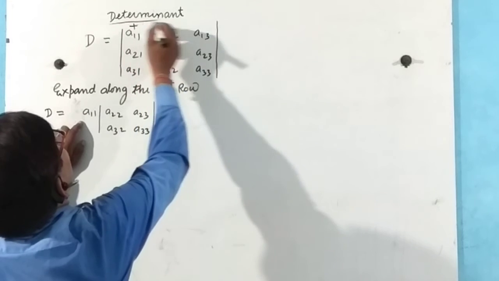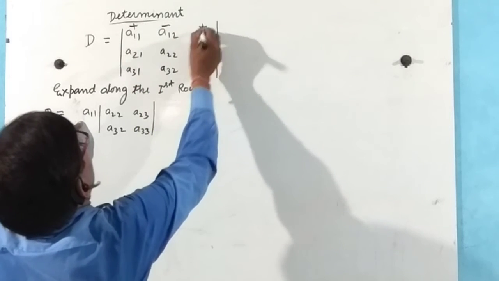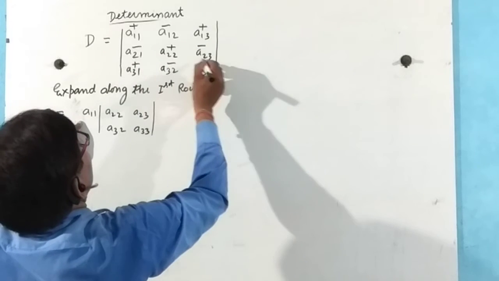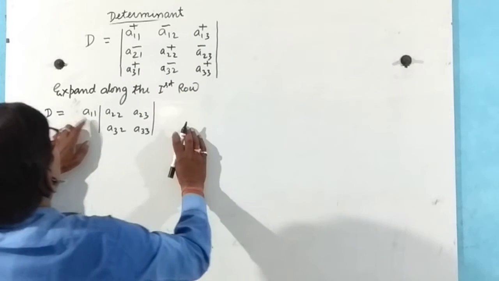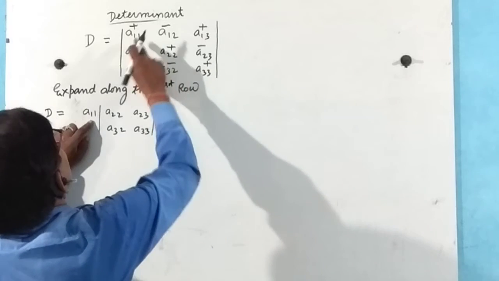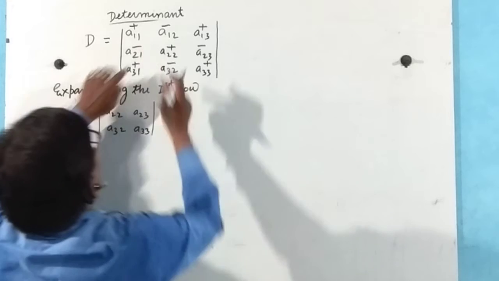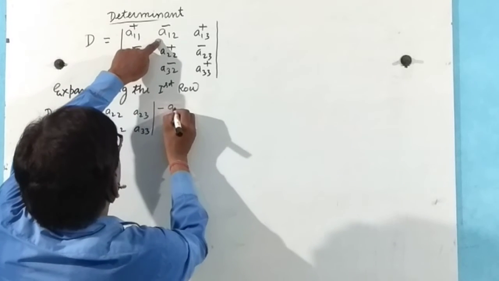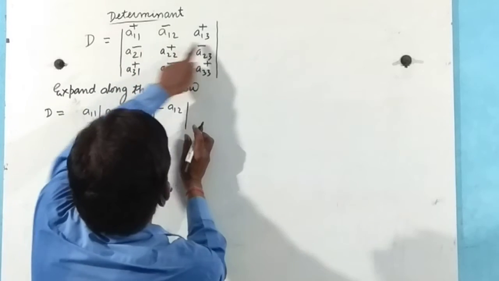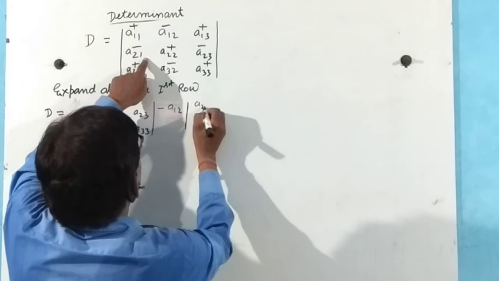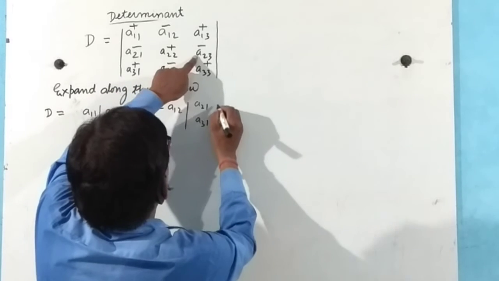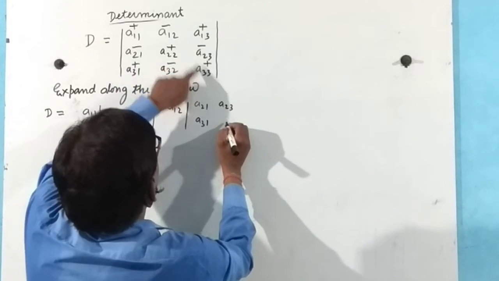Here we take the signs plus minus plus. Now minus A12 times, deleting its row and column, leaving A21, A31 and A23, A33.